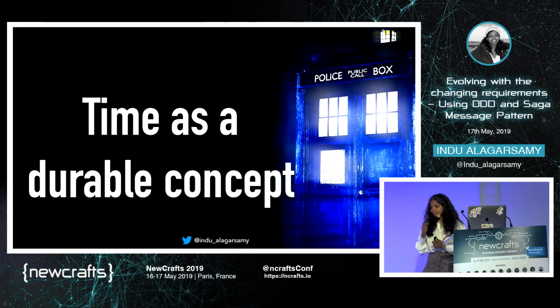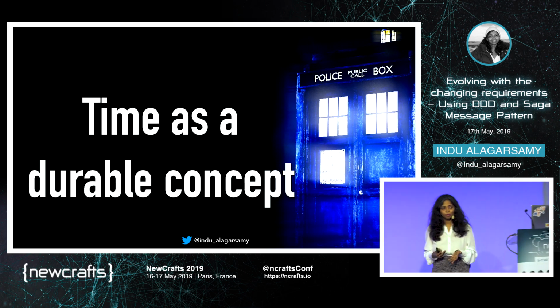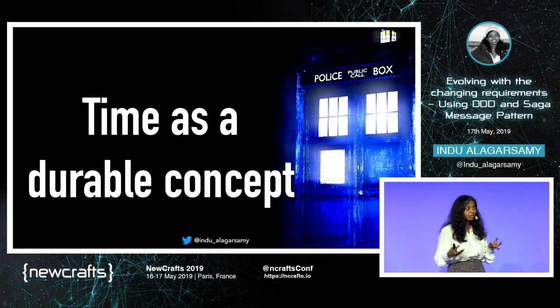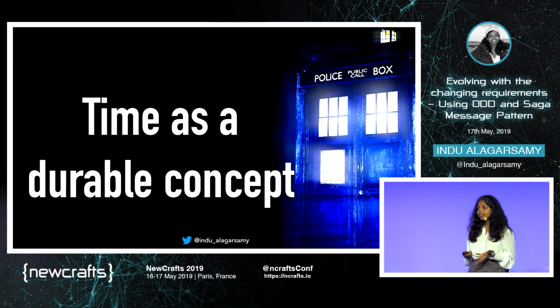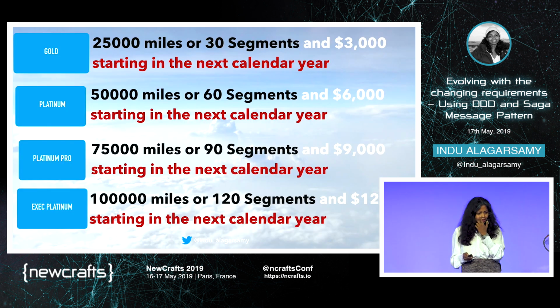So this is great, but sometimes we need to have time represented or modeled in our processes, because sometimes if certain events don't occur during the expected time, we usually have a compensating action to do. So time needs to be represented or modeled as a durable concept. So let's say the requirements changed.